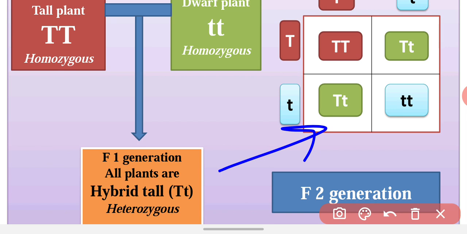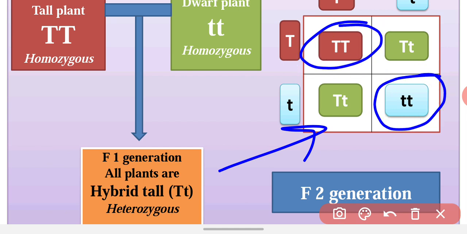There are four plants basically. First one is totally pure tall, the last one is totally pure dwarf, and the second and third are hybrid plants.